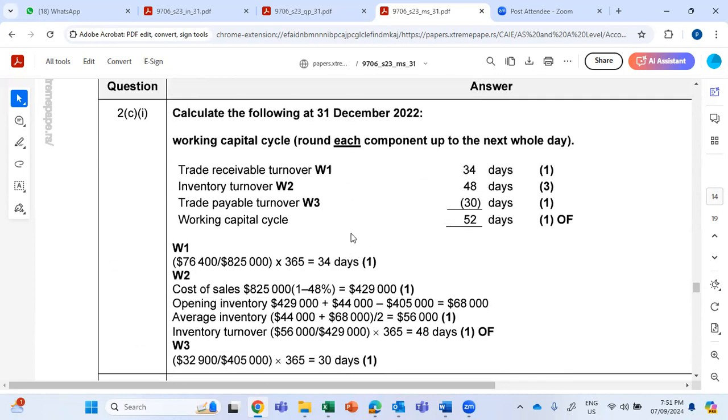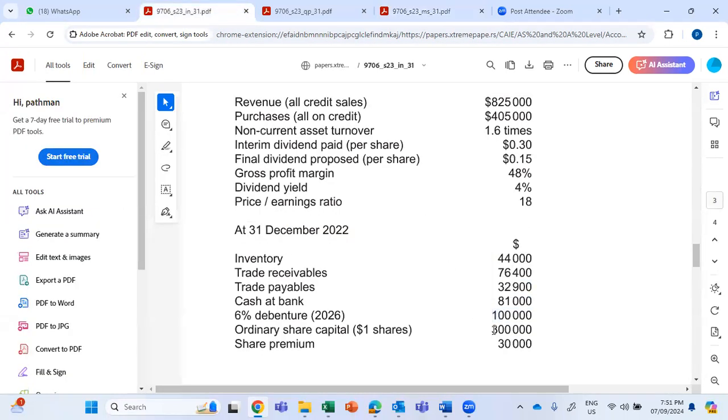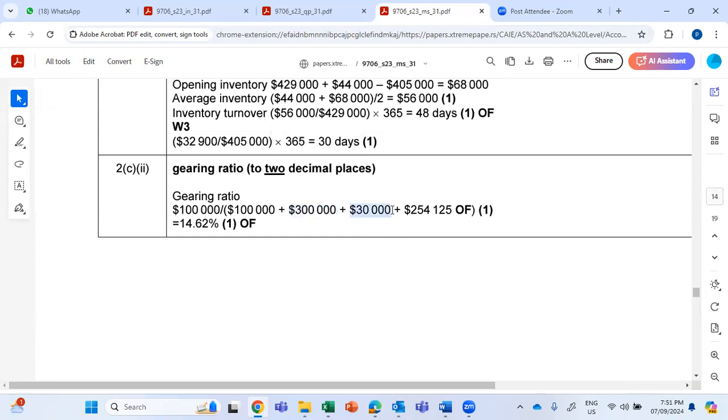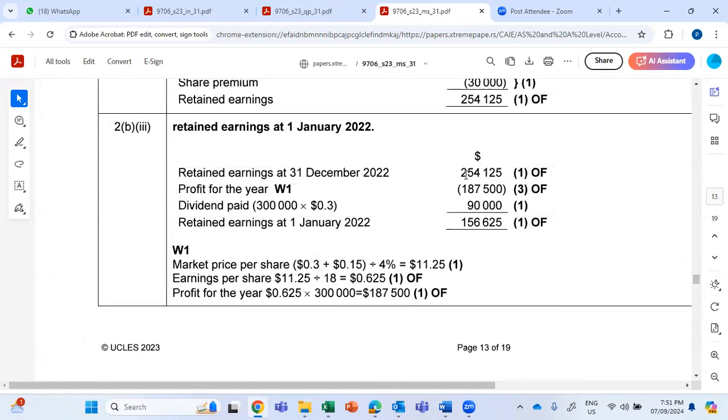The equity consists of capital plus reserve. This is the capital, 300,000. As for reserve, we only have share premium, 30,000, and the retained earnings carried down that we calculated just now, 254,125, from here.